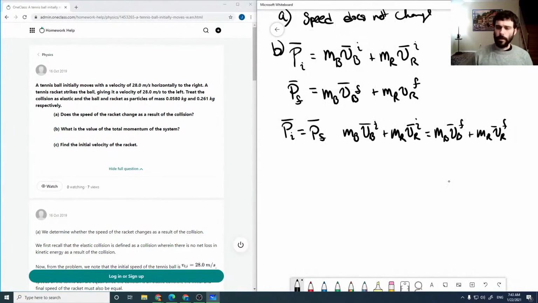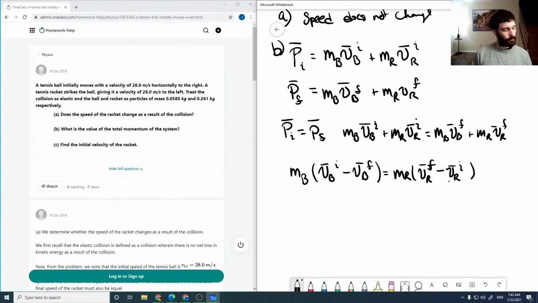So we can rearrange this equation to bring each of our components on either side. So VBI minus VBF, equals mass of racket times VRF minus VRI.